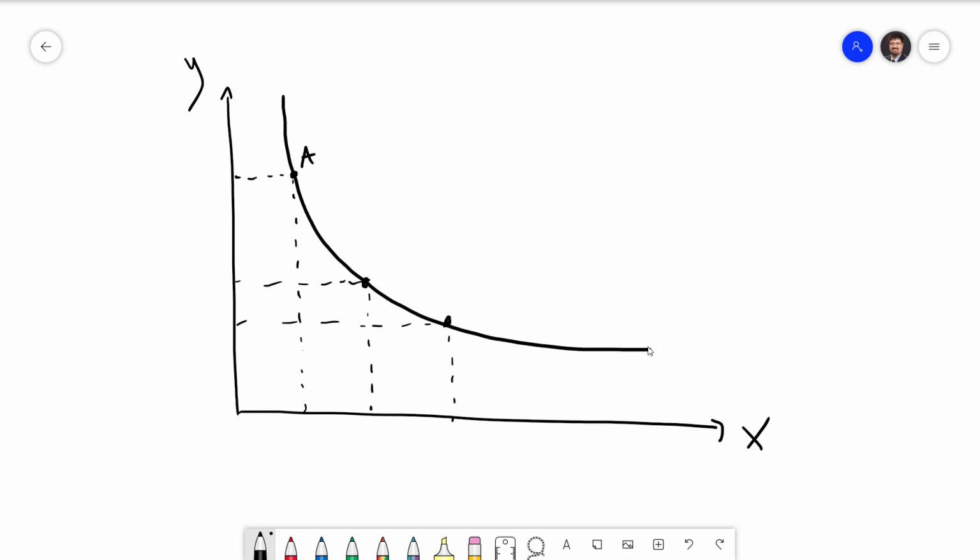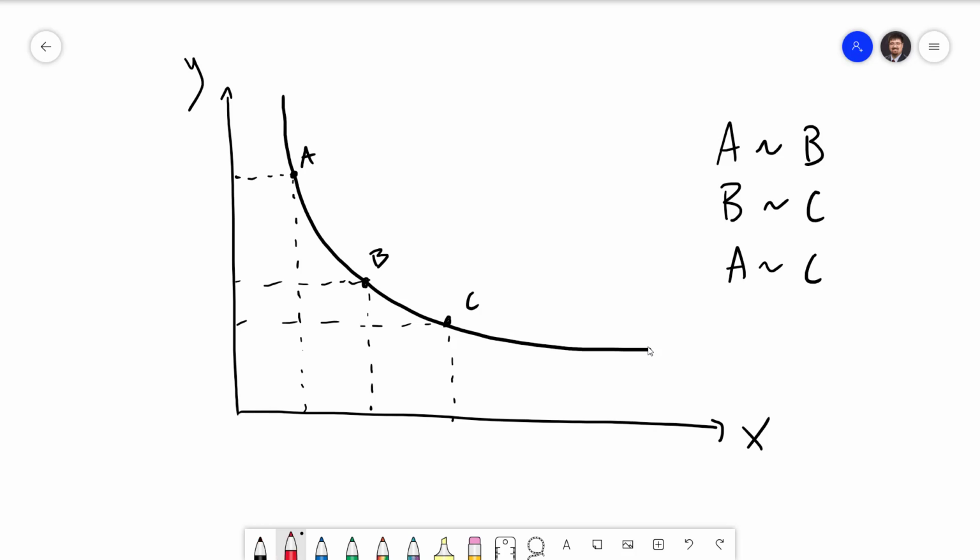So if we label these up with bundle A, B, and C, our consumer is indifferent between A and B, indifferent between B and C, and also indifferent between A and C. If given the choice between these three bundles, they would be equally happy.